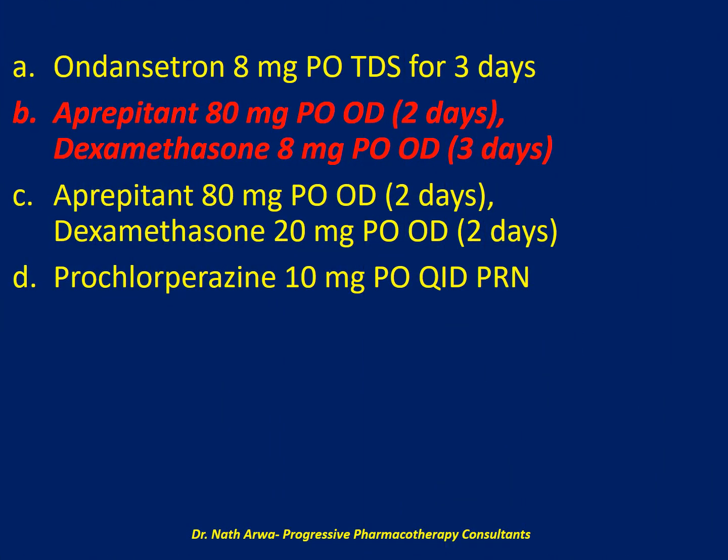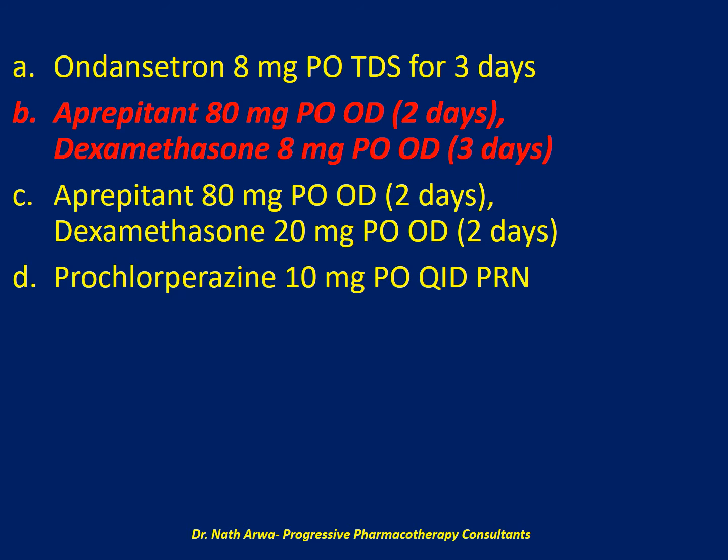Settle for B, 80 milligrams of aprepitant orally once daily for the next 2 days, alongside 8 milligrams of dexamethasone taken orally once daily for the next 3 days. Now, as part of the delayed emesis prevention regimen, when patients receive cisplatin, aprepitant is continued for 2 days.